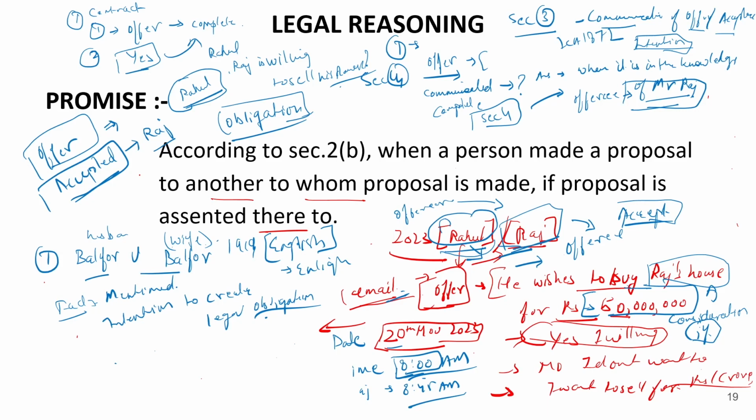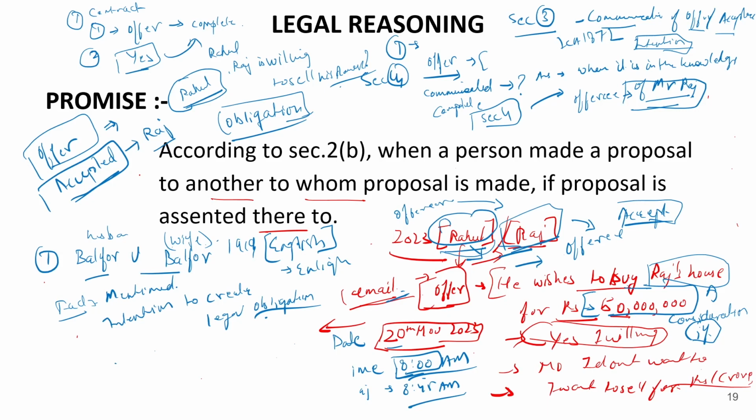Just merely saying, I want to sell my house for rupees 20 lakhs, 30 lakhs, 50 lakhs will not obligate you, will not force you to sell your house to any random person. First, you need to understand, we have to make sure that there is an intention by the offerer to do something, his willingness to do something. And the intention can be seen through acts.